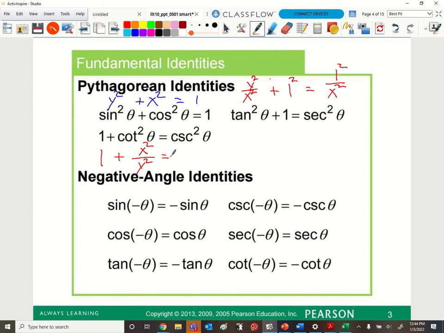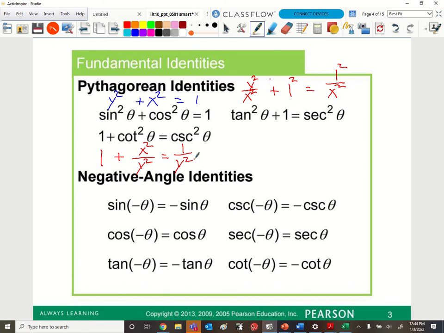If you're looking at your paper, cosecant is 1 over y, and since it's squared, it's 1 over y squared. So those are going to be helpful for later on. You're going to be using those, and this is all in algebra form. So we translated this into algebra so we could use it again later. Does that make sense? Hopefully?